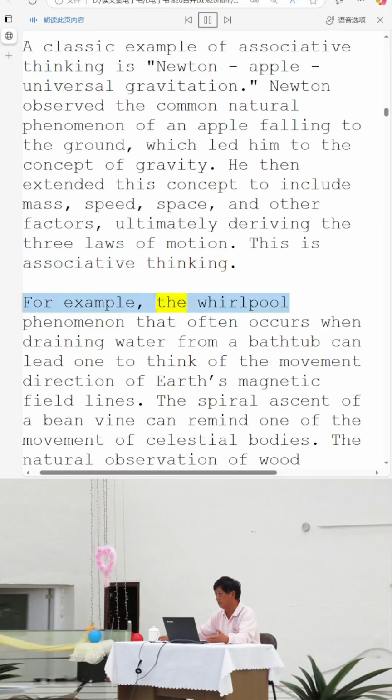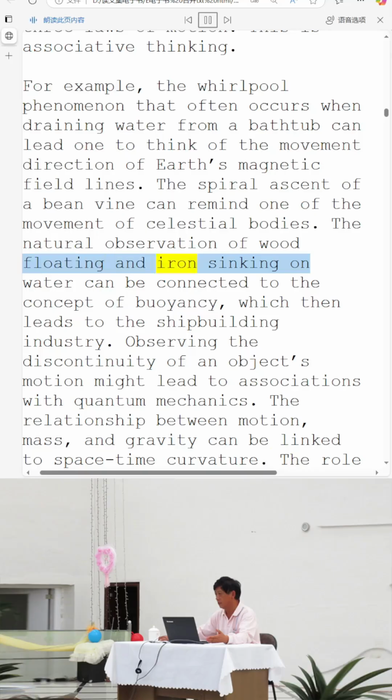For example, the whirlpool phenomenon that often occurs when draining water from a bathtub can lead one to think of the movement direction of Earth's magnetic field lines. The spiral ascent of a bean vine can remind one of the movement of celestial bodies. The natural observation of wood floating and iron sinking on water can be connected to the concept of buoyancy, which then leads to the shipbuilding industry.